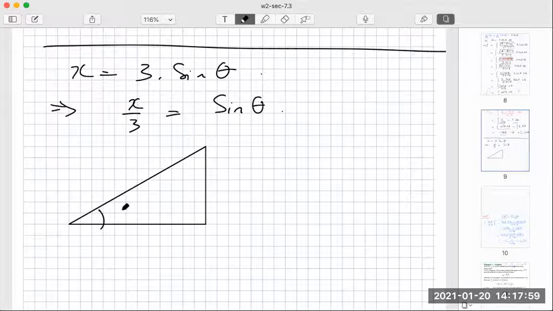Like this. Suppose this is the angle theta. It has the hypotenuse of length 1 here. And we know that sine of theta will be X over 3. Theta is here, 1 is here. So what is the length of this edge?